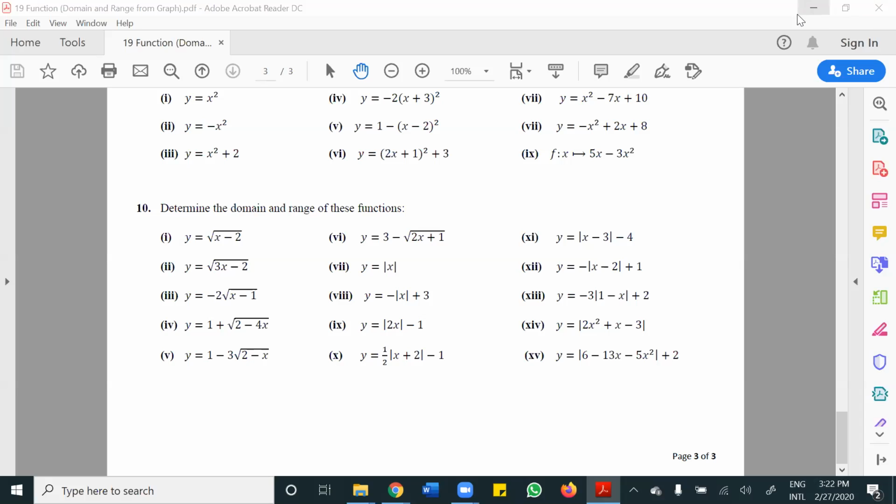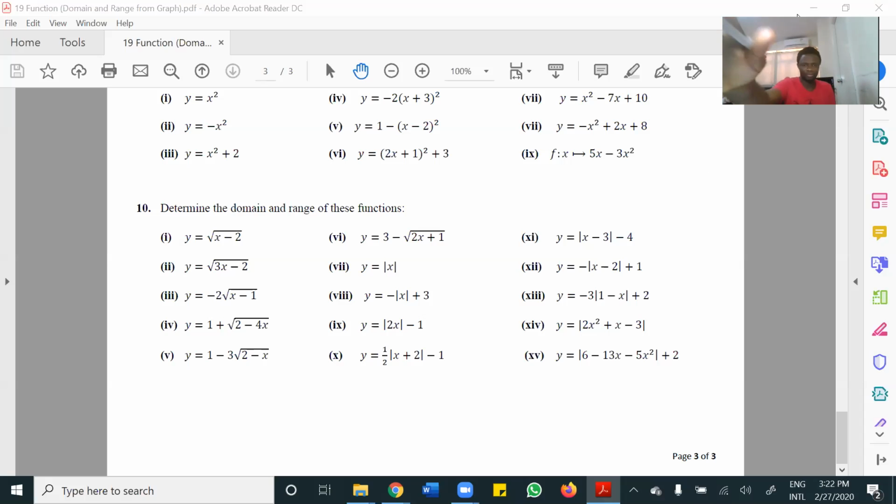Nakita, can you hear me, and everybody? So to get the value that is excluded from the domain, what is the best thing to do? Anybody? We can't hear you.